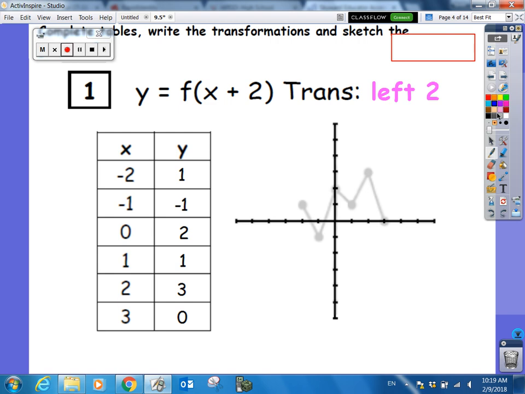If you like to work from a table of values, what happens to x or y? X is left and right, y is up and down. So I would be subtracting 2 from each of the x values, and those would be my new coordinate points. So if you like using the table of values and what happens to the x or the y, then do that.